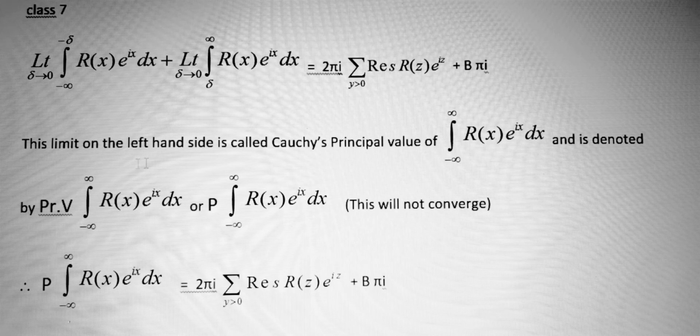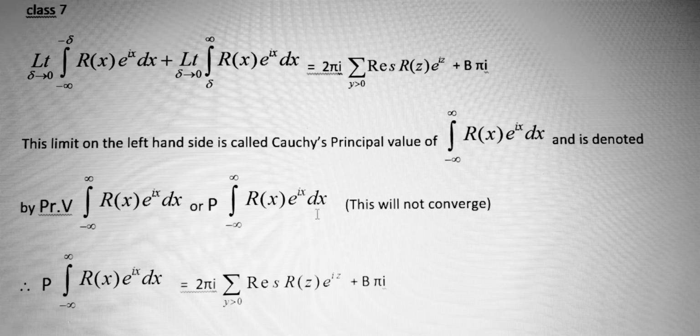This limit on the left hand side is called Cauchy's principal value of the integral from minus infinity to infinity of r(x) e^(ix) dx, and is denoted like this: principal value of the integral from minus infinity to infinity of r(x) e^(ix) dx, or P of the integral from minus infinity to infinity of r(x) e^(ix) dx.